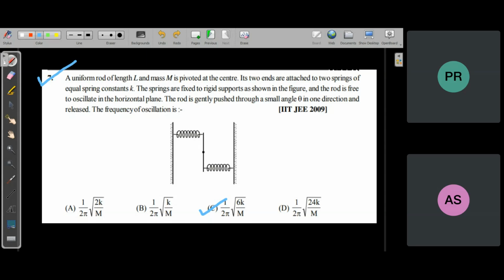Where have you taken I, the moment of inertia about which axis?